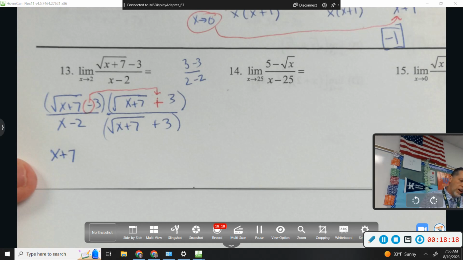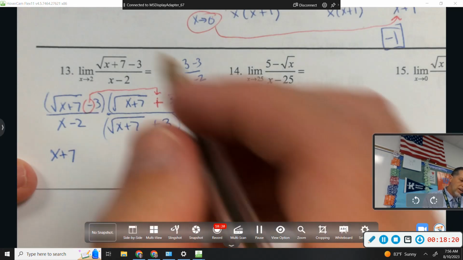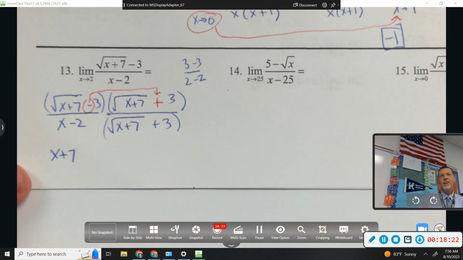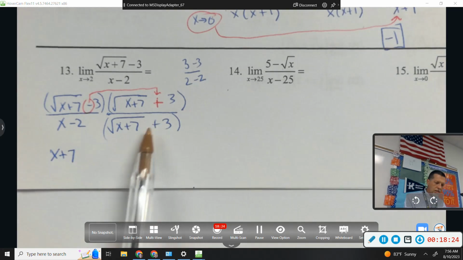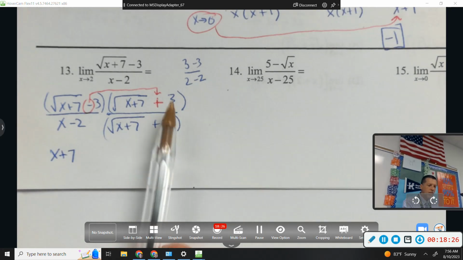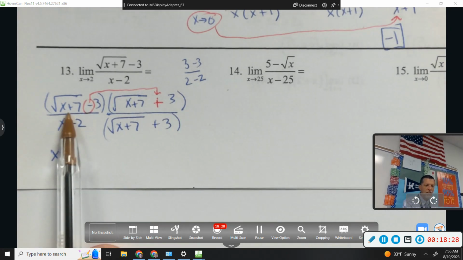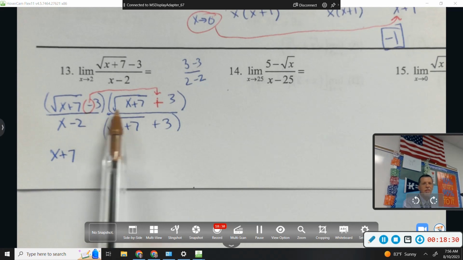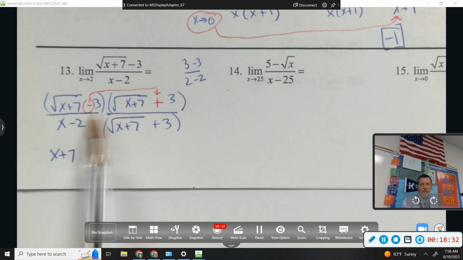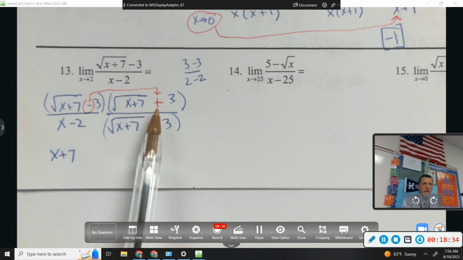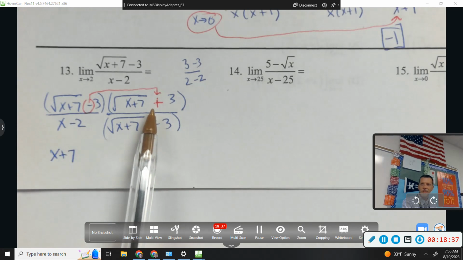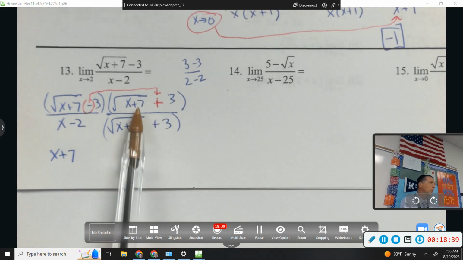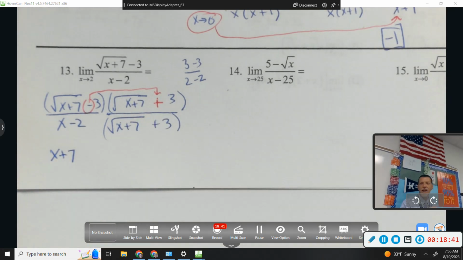Okay, the O and the I, the outside and the inside. Well, the outside is plus 3 square root x plus 7, and the inside is minus 3 square root x plus 7. That sounds like a mouthful, but it all equals 0. Because when you multiply, that's why you multiply by conjugates, to make the O and the I cancel out.